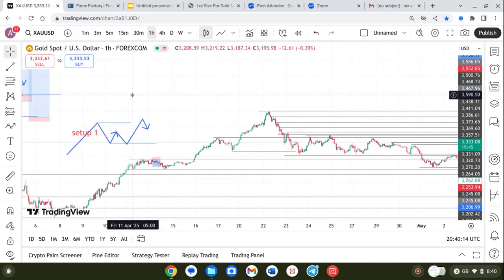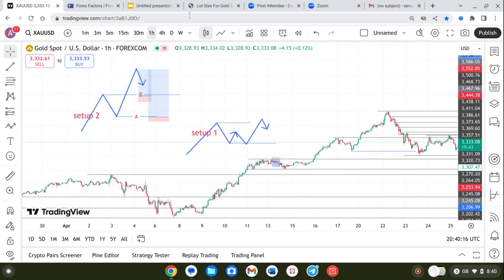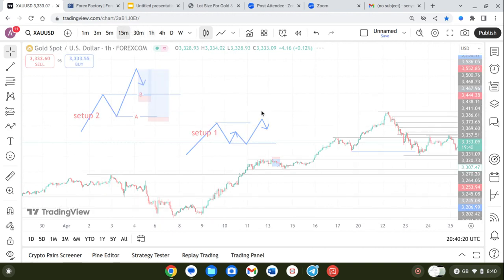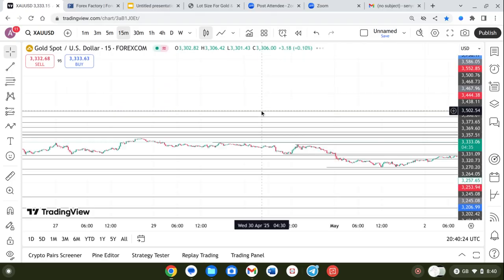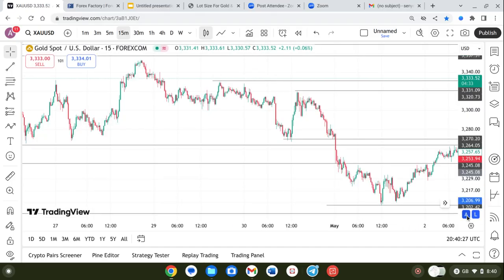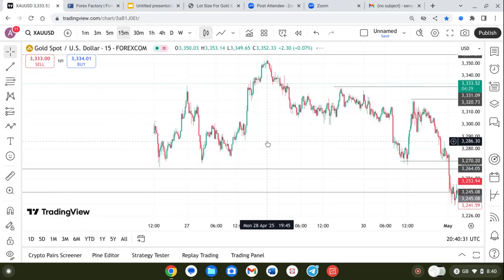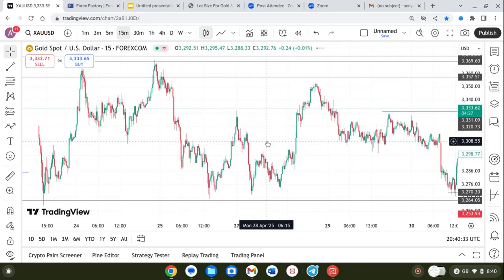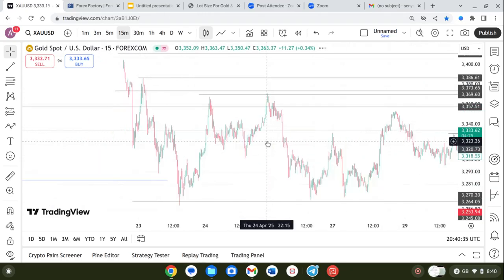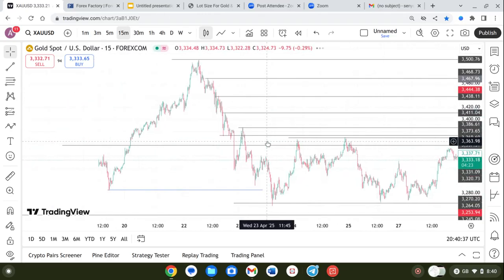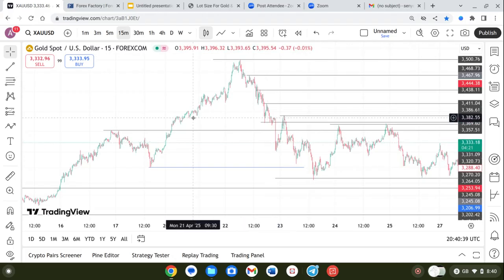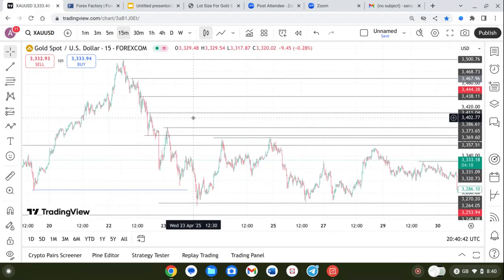With this, you mostly see it on a lower time frame. So let's go to the 15 minutes and the 5 minutes. I'll show you the entry confirmations once we are done, but today we are just sticking with identifying the pullbacks and how the market reacts. Let's use this area, any of the areas.